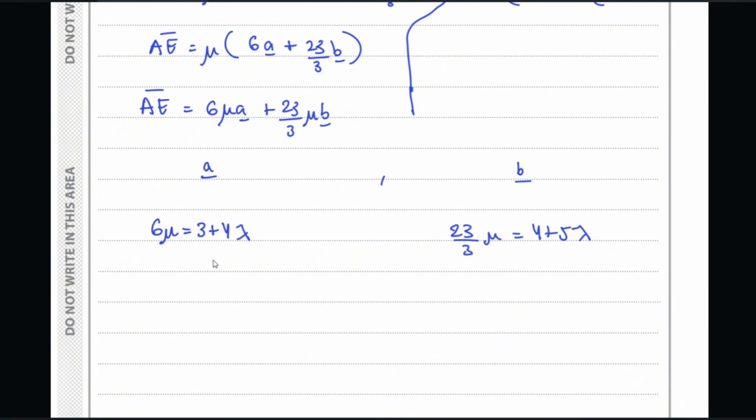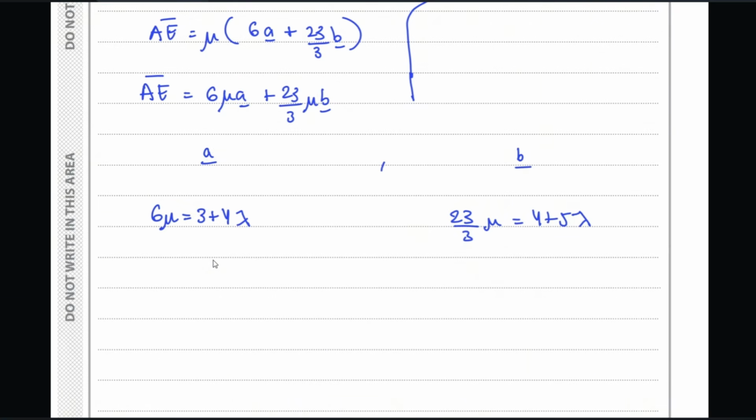So how should we approach this? We can try and find mu by substituting lambda. Let's use this equation here and make lambda the subject. So we have 23 over 3 mu minus 4, and we'll divide all of these by 5. So lambda is equal to 23 over 5 times 3, so 23 over 15 mu minus 4 over 5.